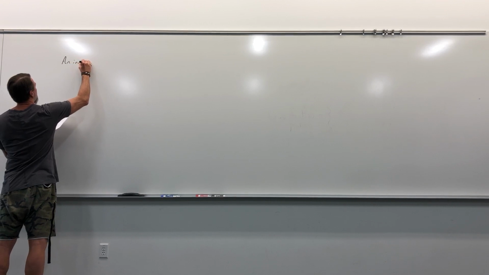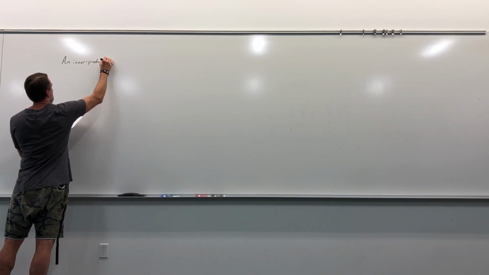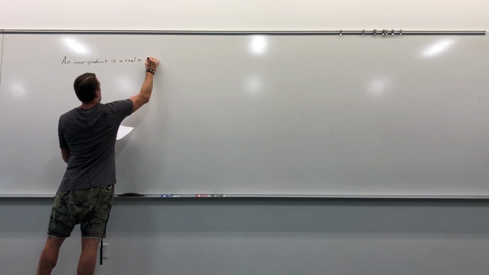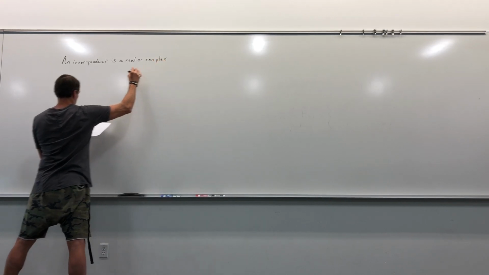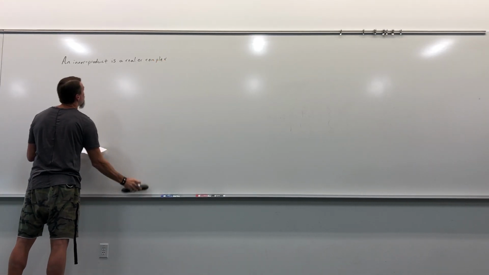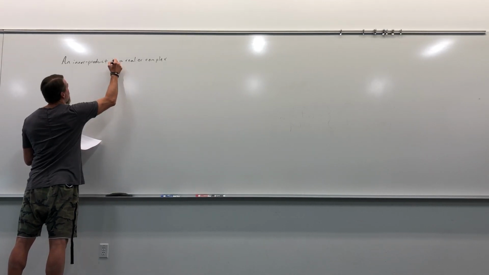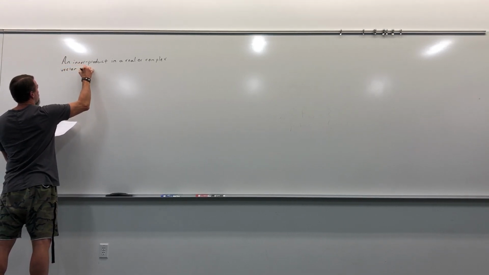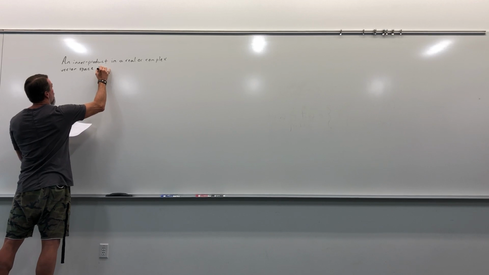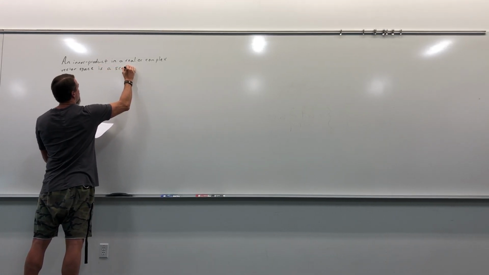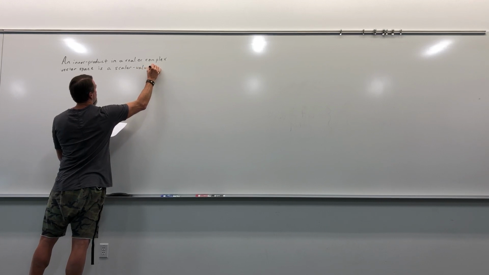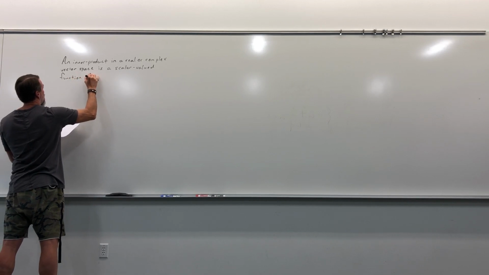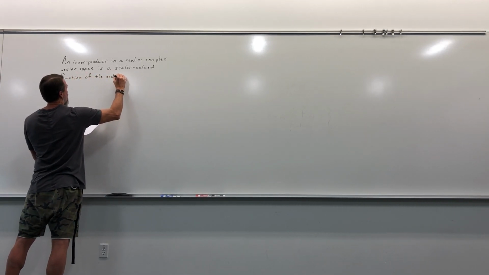An inner product in a real or complex vector space is a scalar valued function of the ordered pairs.